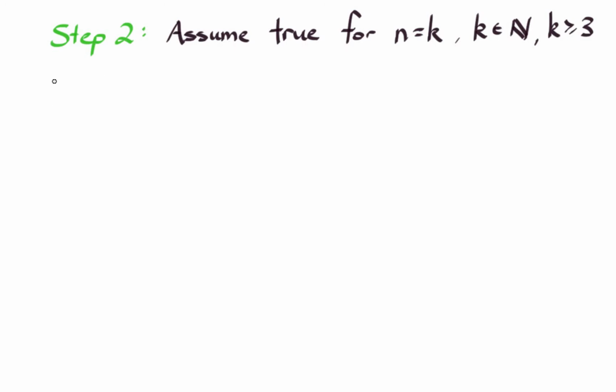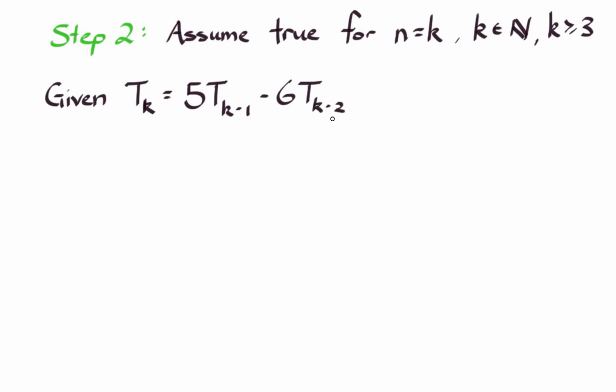We're saying given tk being equal to this recurrence relation, so 5 lots of the term before it, so tk minus 1, minus 6 lots of the term before that, so tk minus 2, given that, then tk is equal to 3 to the power of k minus 2 to the power of k. Alright, seems easy enough. Let's go on to step 3.